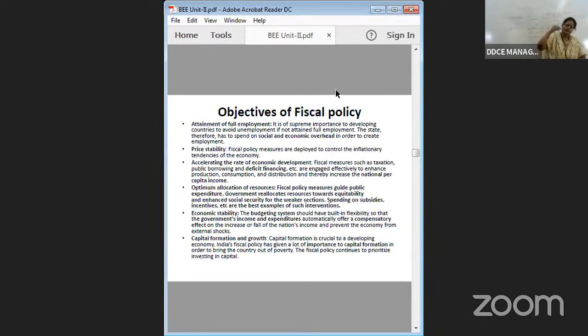So what are the objectives of fiscal policy? There are basic objectives of fiscal policy. You can go through the slides, but I will tell you the basic objectives. First objective of fiscal policy, let me write.